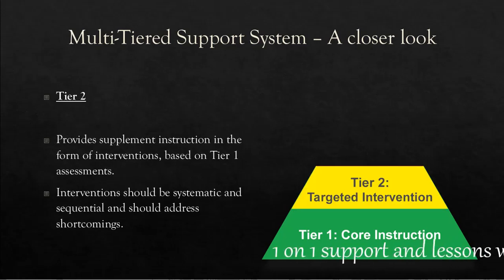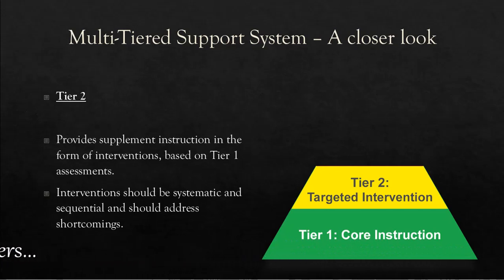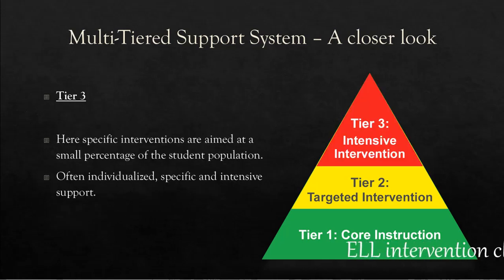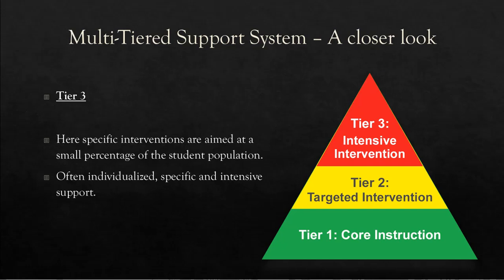Tier 2 would see targeted intervention that would provide supplemental instruction to those students. Interventions should be systematic and sequential and should address student shortcomings. Tier 3 sees more specific interventions aimed at a small percentage of the student population, often individualized, specific, and intensive support.